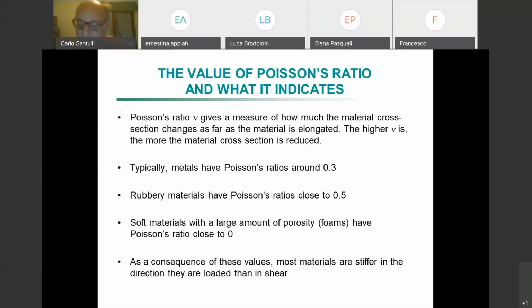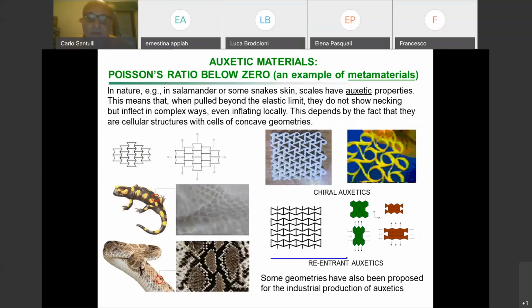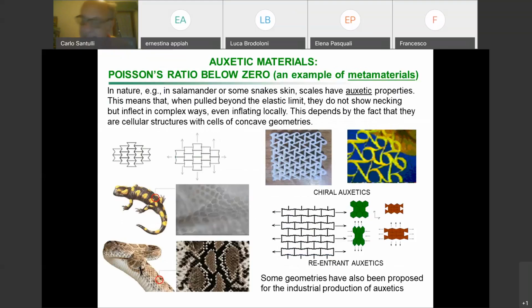There is an exception, which are the so-called auxetic materials, which have been obtained from nature.